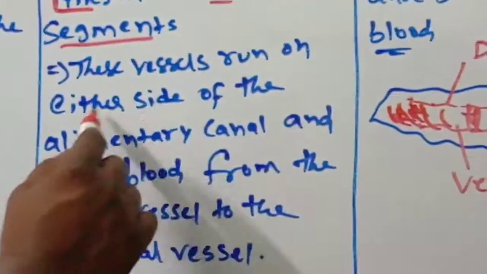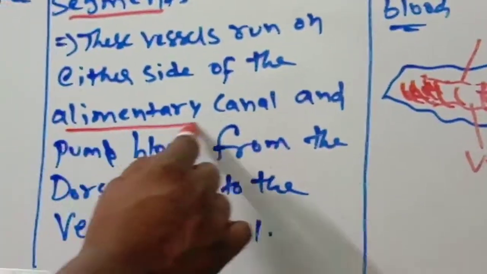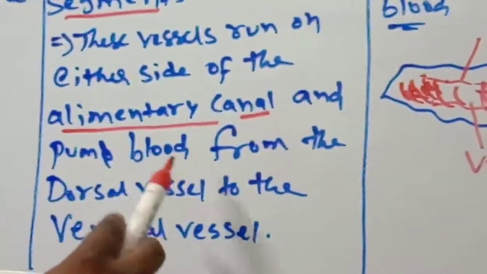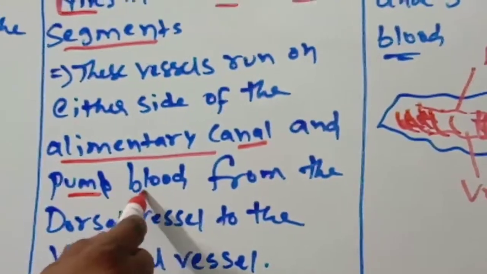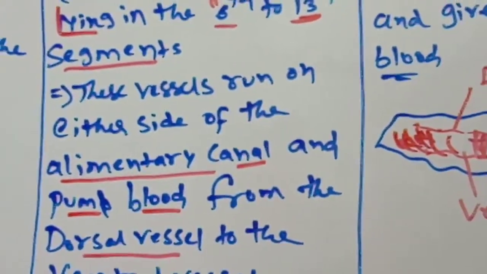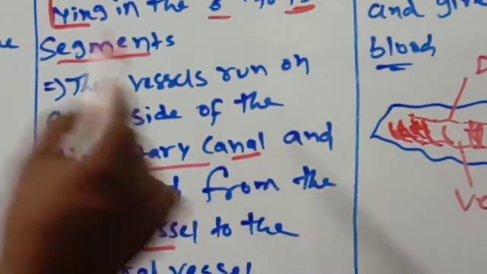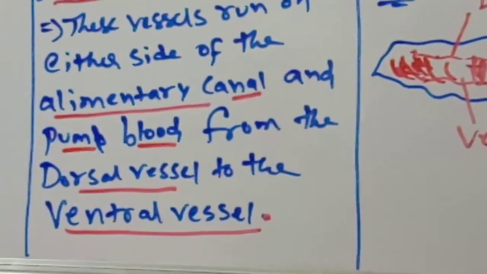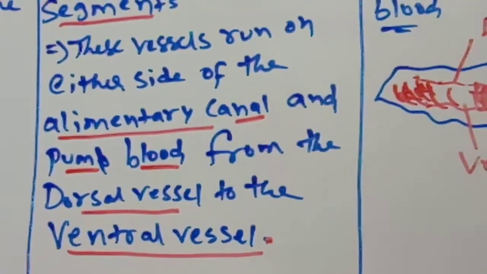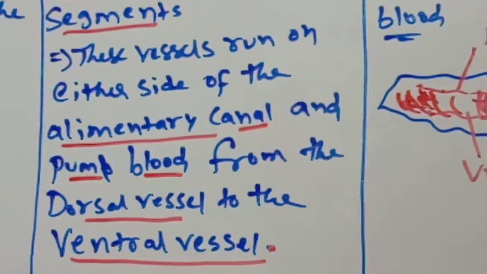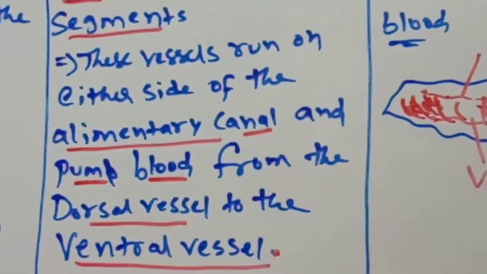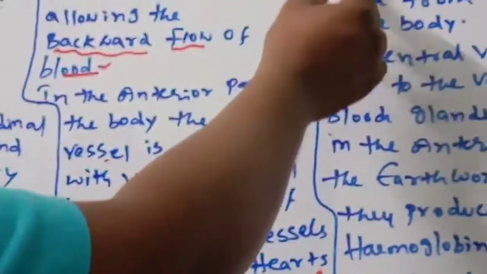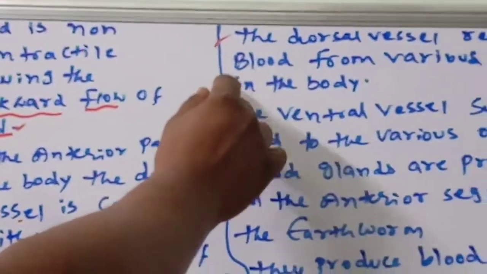These vessels run on either side of the alimentary canal and pump blood from the dorsal vessel to the ventral vessel. The dorsal vessel receives the blood from various organs in the body.